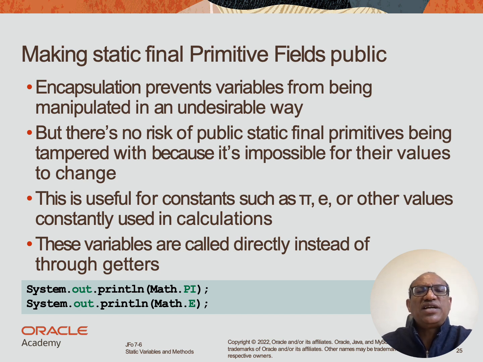You can even make static final fields public, like public static final double PI = 3.14159. No getter needed. Since the value can't be changed, there is no risk in exposing it directly. That is why Math.PI and Math.E are accessible like System.out.println(Math.PI).